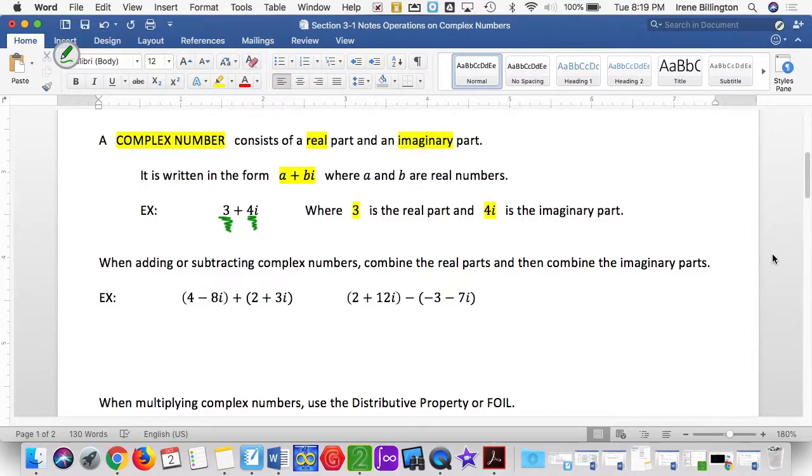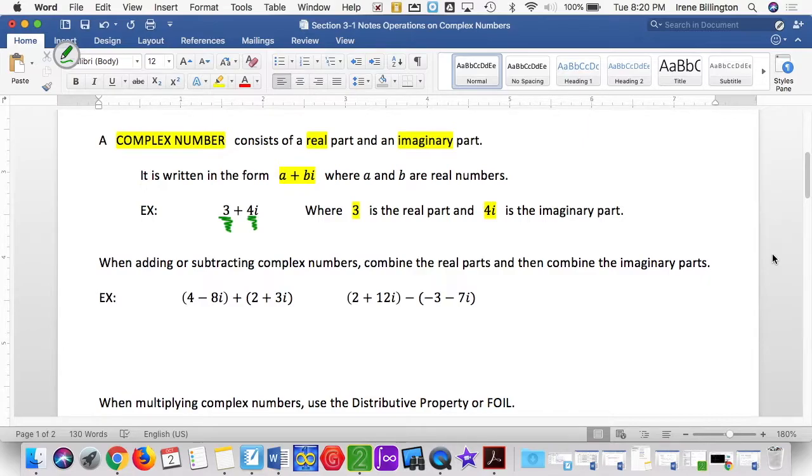We are going to learn how to add and subtract complex numbers. And to do this, we combine the real parts and we combine the imaginary parts. We state our final answer as a complex number in the correct form. So in our first example, we are combining 4 minus 8i and 2 plus 3i.